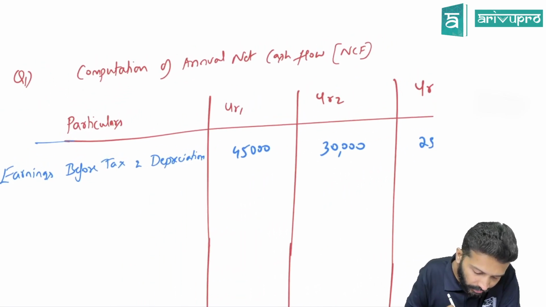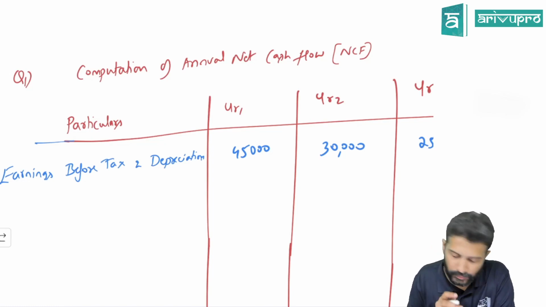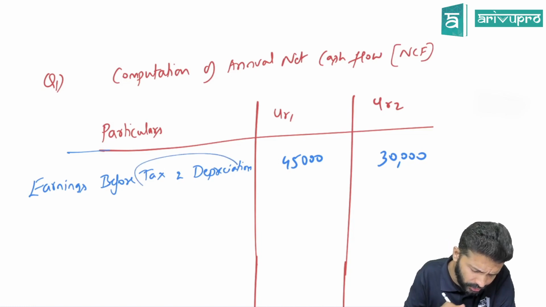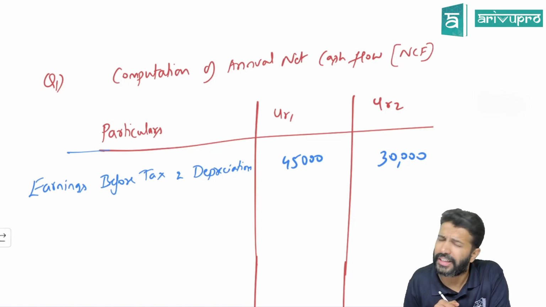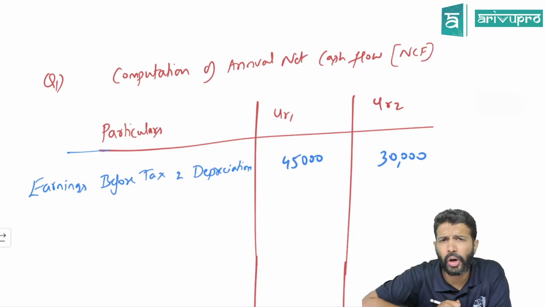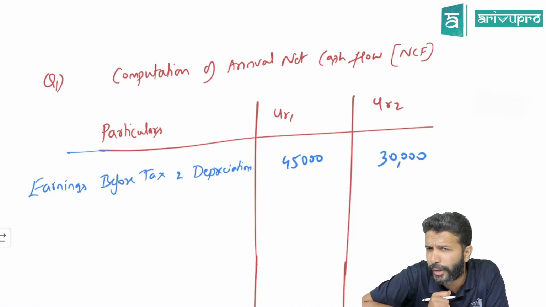Sir, they have given earnings. Earnings means profit, no? For our decisions, we want profit or cash flow? Cash flow. And moreover, this earnings is after considering everything or before considering 2 things? Before tax and depreciation. Is depreciation an expense? Yes. That means after deducting all expenses, then only you will get the correct earnings, and on that correct earnings only you will pay tax to the government, no?